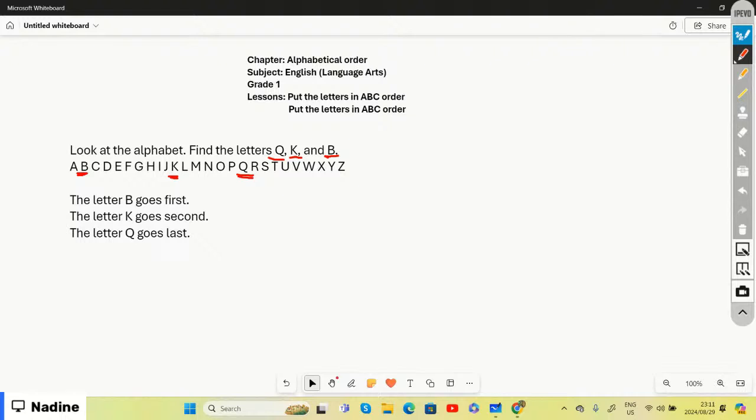All right. So if you were to, let's say, identify your name, remember, our names are basically letters that are formed together to make our name.